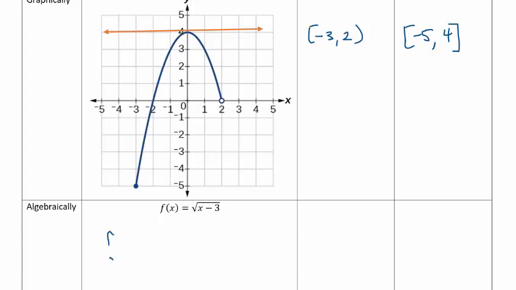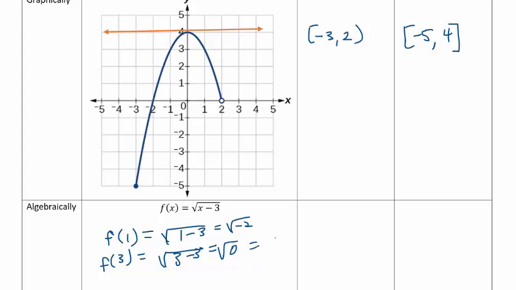Okay, so first I'm just going to find a value that won't work. If I want to find f(1), that's the square root of 1 - 3, or the square root of -2, which is a non-real number. However, if we substitute 3 into the function, f(3) is the square root of 3 - 3, which is the square root of 0, or just 0.